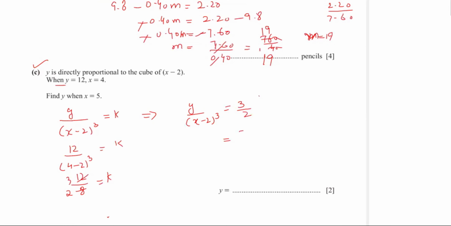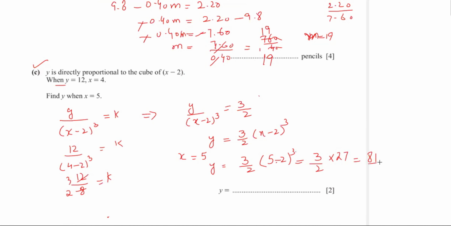Now we can write it as 3 over 2 into (x minus 2) power 3, and for x equal to 5, then y equals 3 over 2 into (5 minus 2) power 3, and 3 over 2 into 3 power 3, which is 27. This is equal to 81 over 2. We write it as 40 and 1 over 2, and this is the answer.